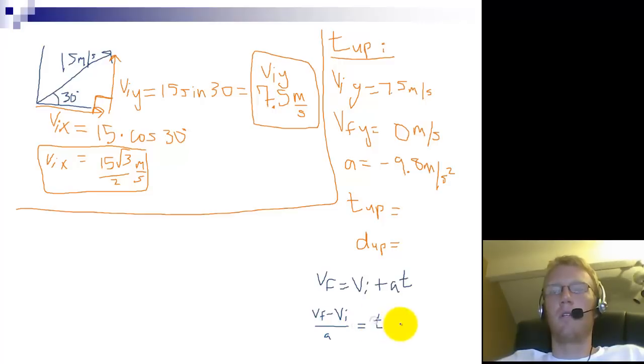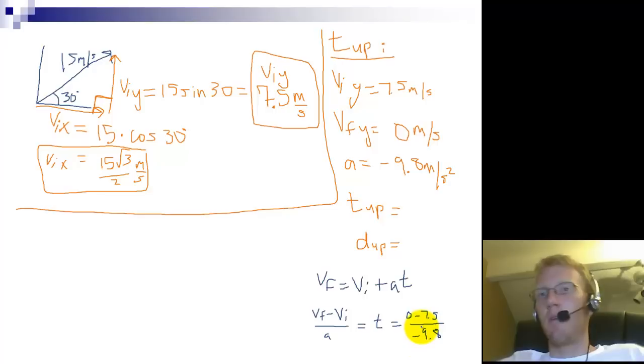Now we plug in our numbers: 0 minus 7.5 divided by negative 9.8. Both numbers are negative, so the time comes out positive, which makes sense. Since I don't have my calculator with me, I'm just going to put 0.75 seconds. It's going to be really close to that.